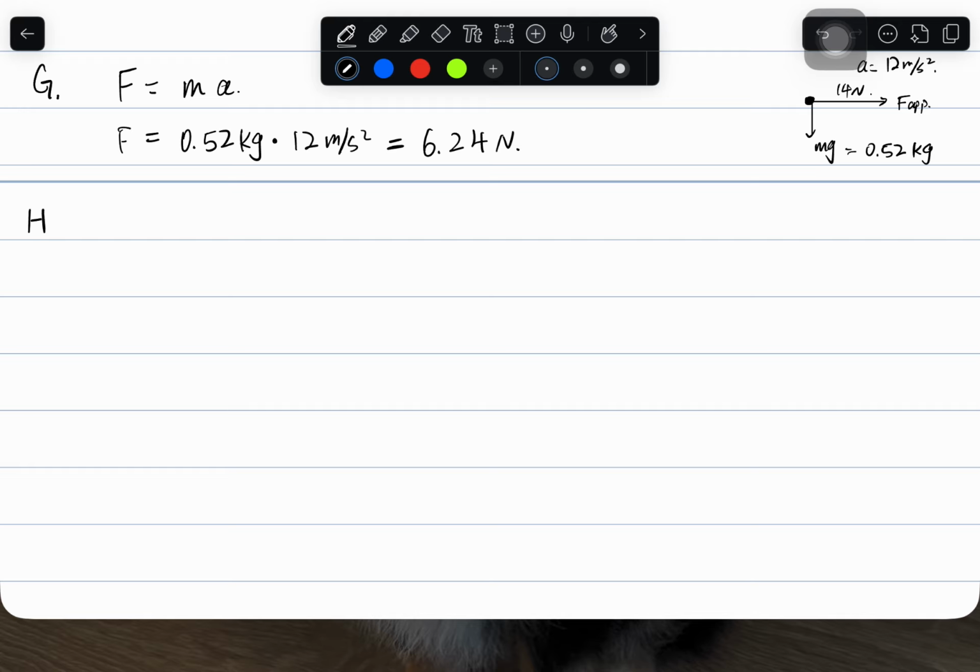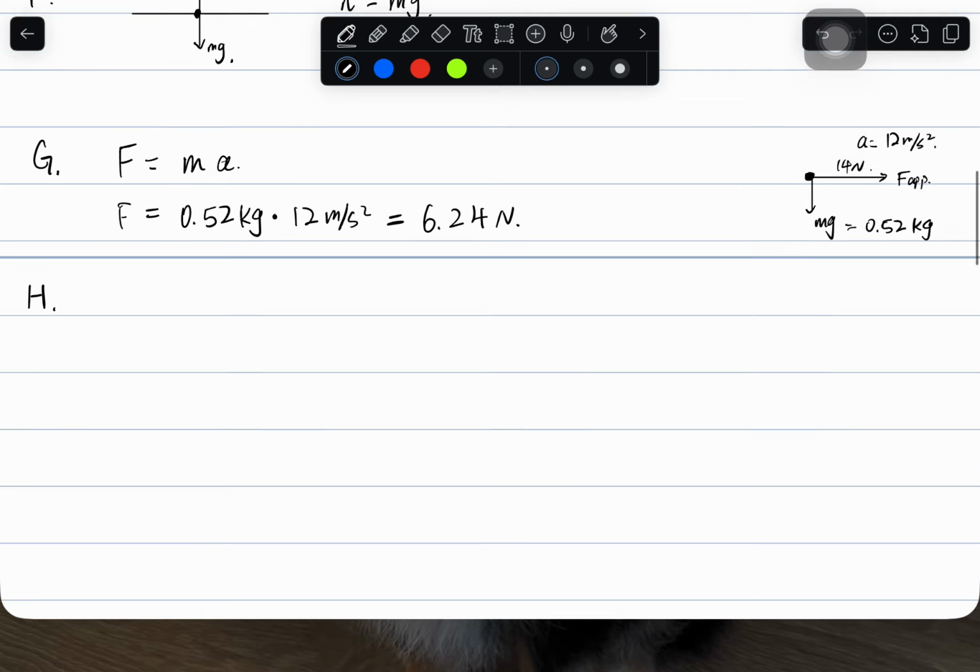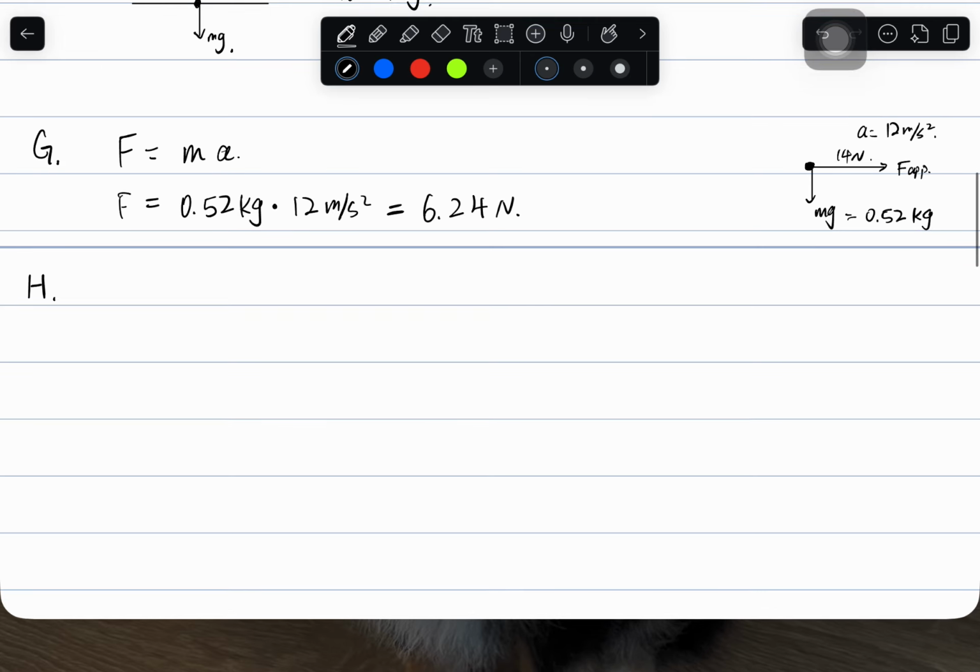And for part H, what are the magnitude and direction of the friction force that the table exerts on the plate? Oh, sorry. Here we change the letter to R since that's what the question gives us.